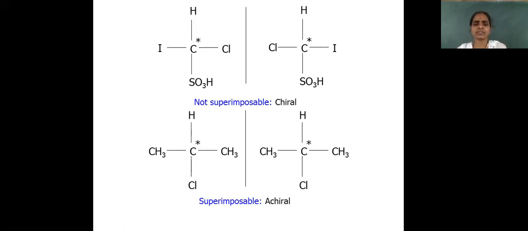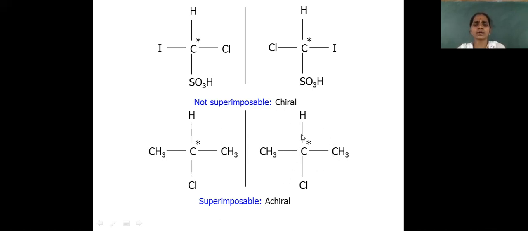Some examples of chirality and non-chirality: this is an example showing a chiral molecule with non-superimposable mirror images. And here, you will see the same groups, two methyl groups, and hydrogen and chlorine. That means an achiral carbon.